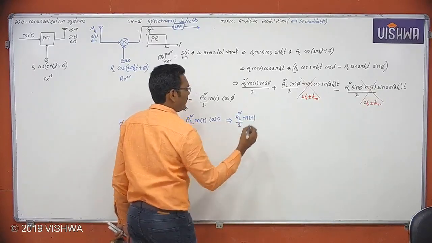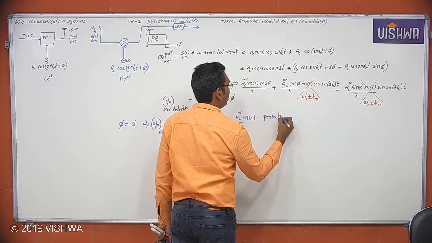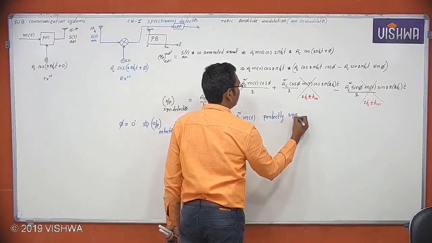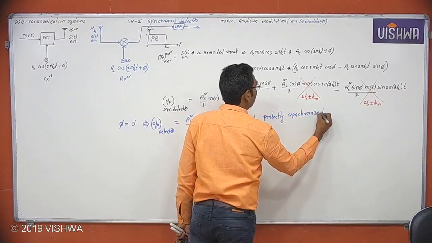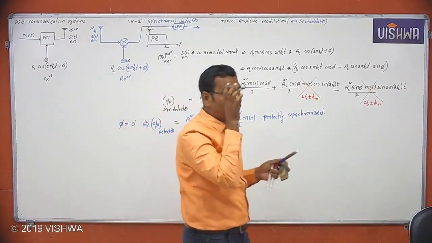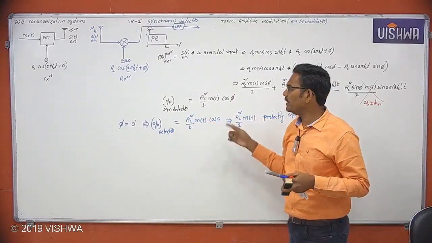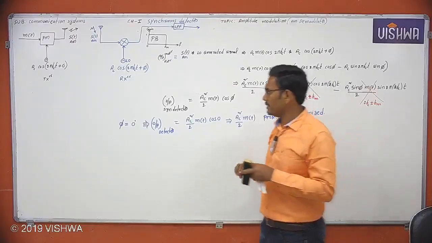Then is this perfectly synchronized or not? Perfectly synchronized. The carriers are perfectly synchronized. But synchronization is not an easy task; it is very difficult to synchronize the carrier at the transmitter side and the carrier at the receiver side.